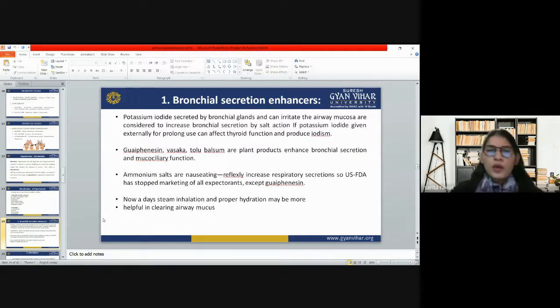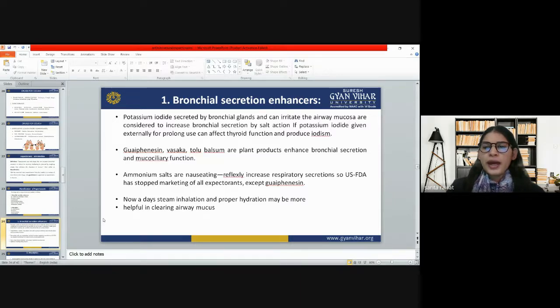Now coming to the bronchial secretion enhancers. We have potassium iodide, secreted by bronchial glands, which can irritate the airway mucosa, and it is considered to increase bronchial secretion by salt action.